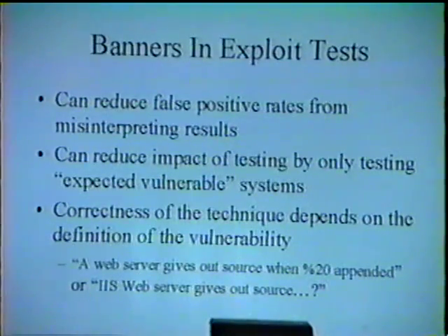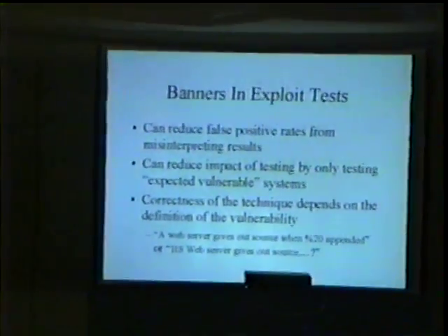Which is the right definition of the vulnerability actually has an effect on how you test, because if the right definition is IIS has this vulnerability, then you need to check that IIS is the web server in question, and you won't see the vulnerability on another system. Whether or not to do this really boils down to an academic discussion of what a vulnerability is and how to define it.